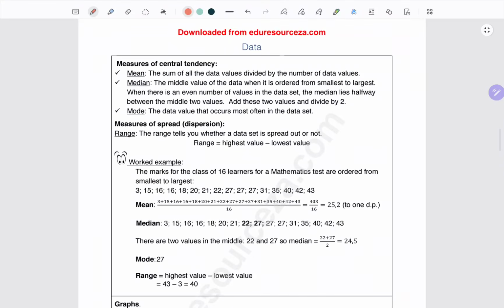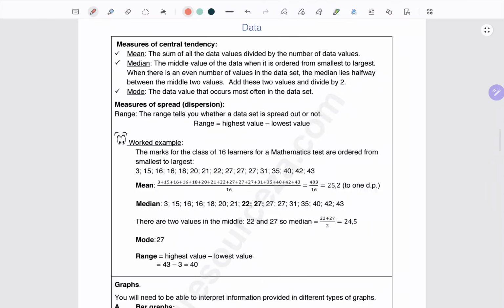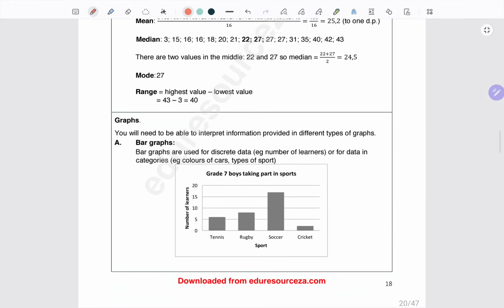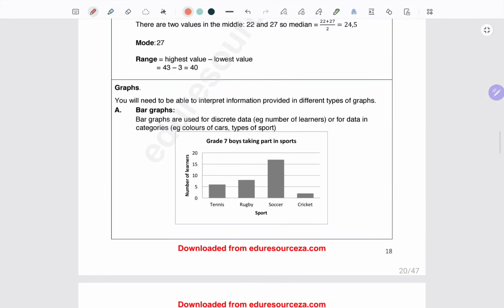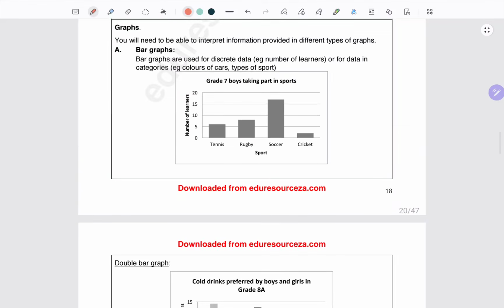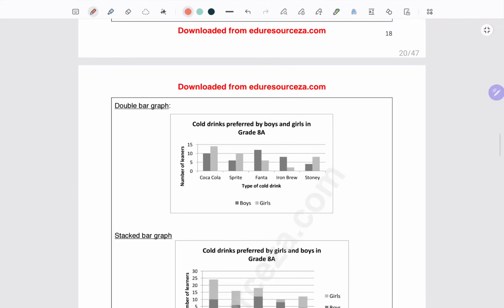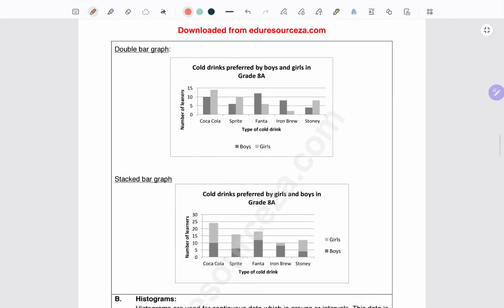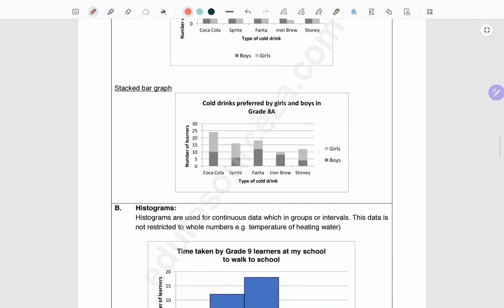And again, statistics, we talked about measures of central tendency. And also when we talk about spread, it's all going to be around range and standard deviations. And then we need to look at some basic graphs, bar graphs, which may be separate, or double, or stacked.